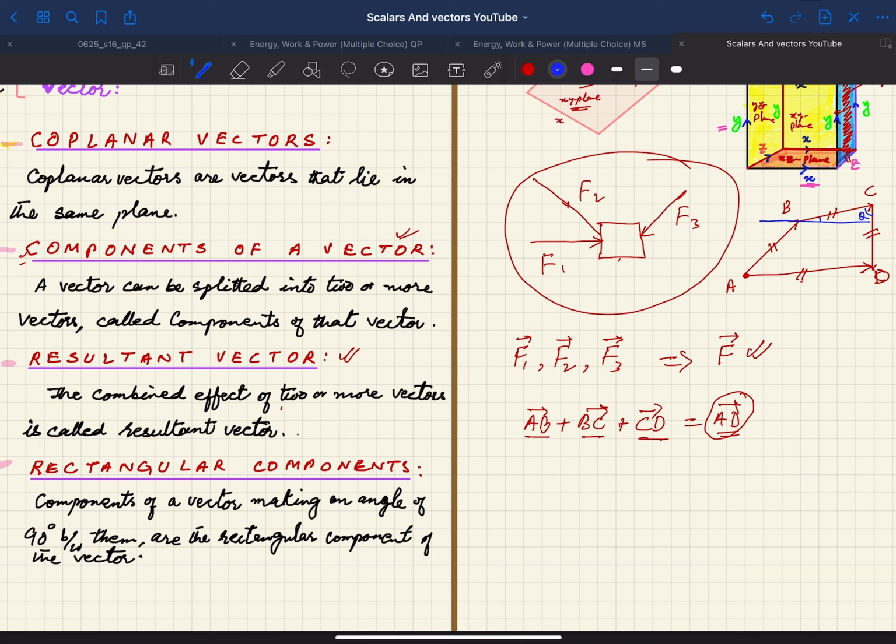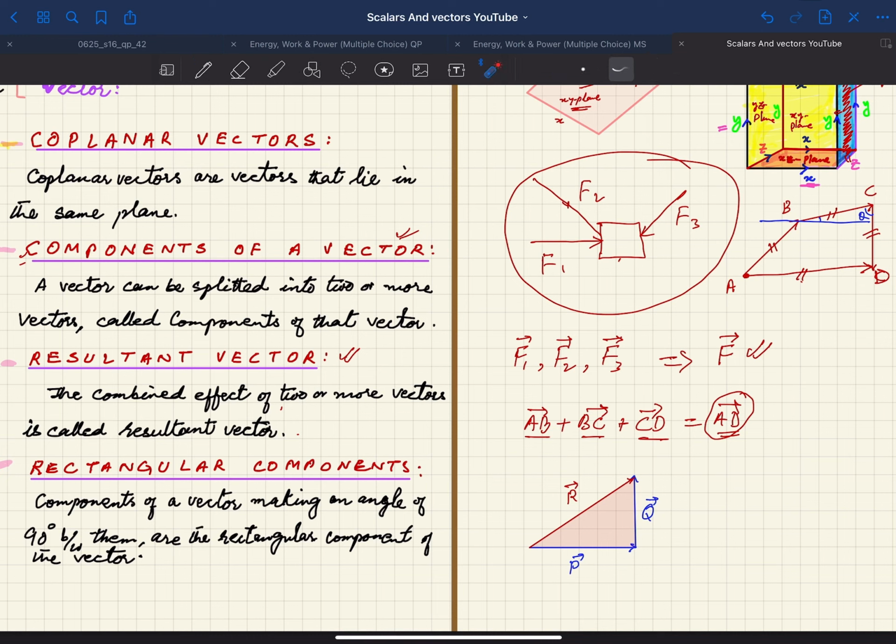On the other hand, suppose we have two vectors that are perpendicular to each other and they give us a resultant vector, suppose here we have P and here we have Q. The resultant of these two is R, so R is the resultant vector and P and Q are the components.